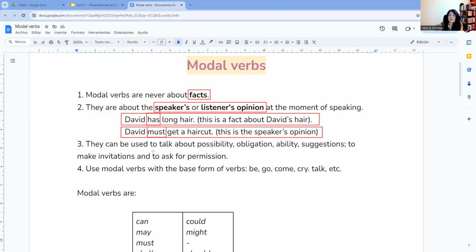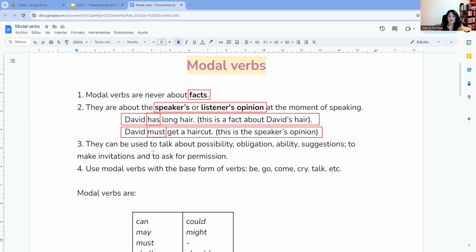It's still his decision. I'm just expressing my opinion, or what I think or what I see, but it's not something that David is obliged to listen to or even to consider. It's my opinion. So that's what I mean when I say modal verbs are never about facts.